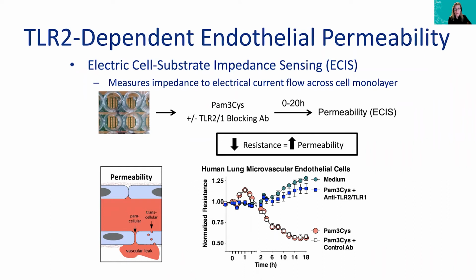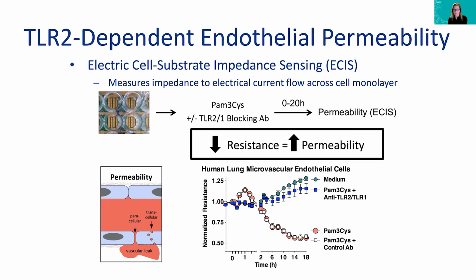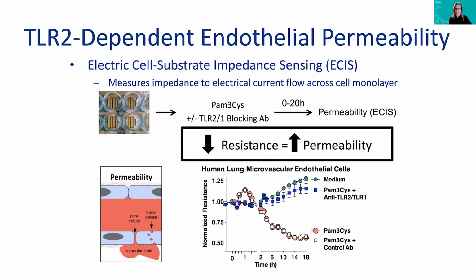In ECIS, a decrease in resistance is consistent with increased permeability. ECIS has the advantage of being a higher throughput system and the ability to measure transendothelial resistance repeatedly on the same monolayer over time. In this figure, we show that PAM3-Cys decreases transendothelial resistance, which is consistent with increased permeability.